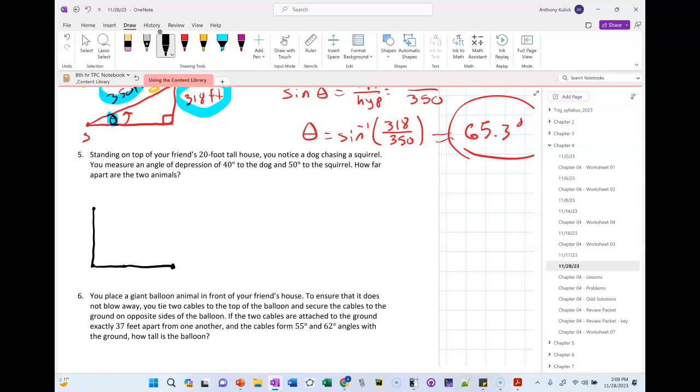You have a 40 degree angle to the dog, and then 50 degrees to the squirrel. So the squirrel's probably, it is that. I did have that right. It's a dog, squirrel.